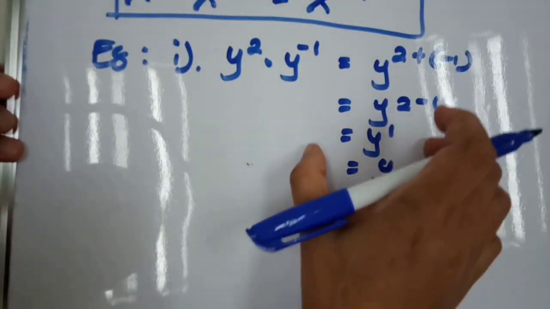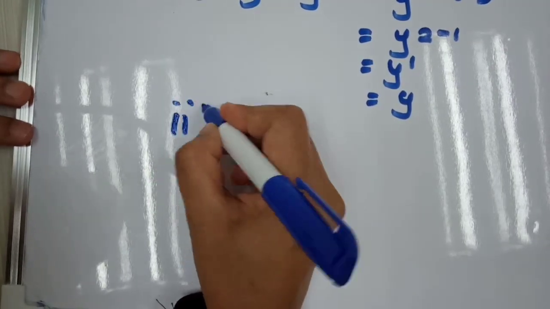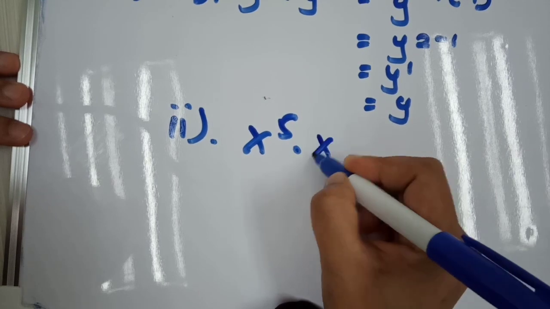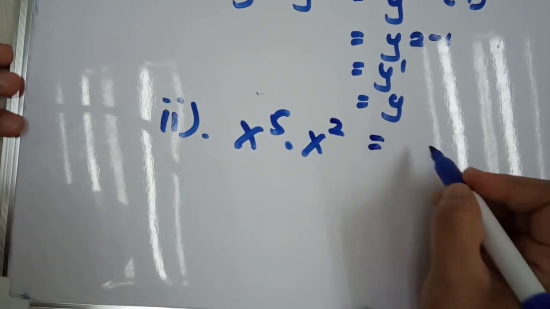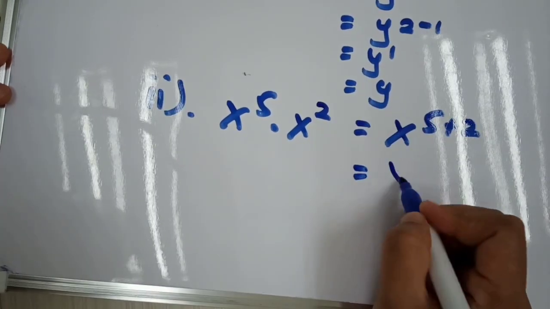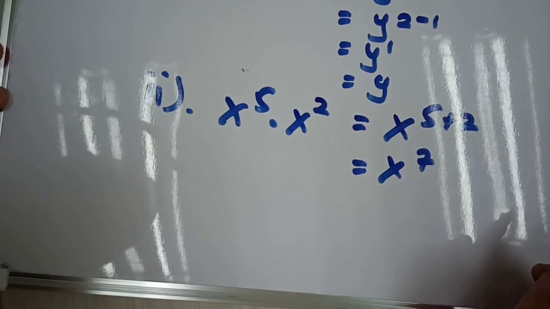This is the answer. Let's say I have x power of 5 multiply x power of 2. This is very simple: 5 plus 2, so we get x power of 7.